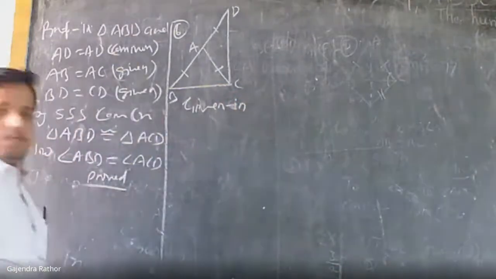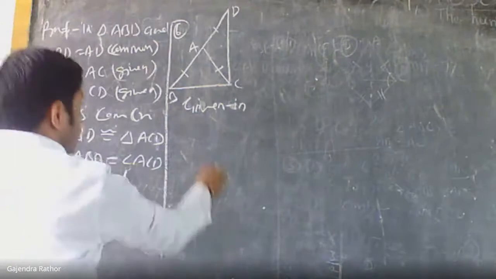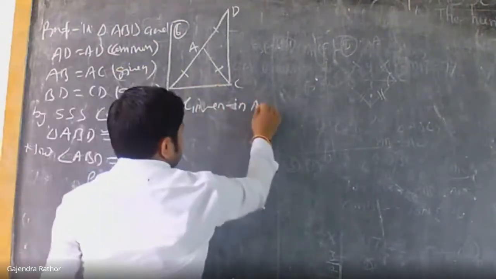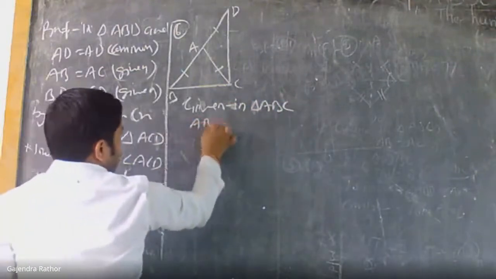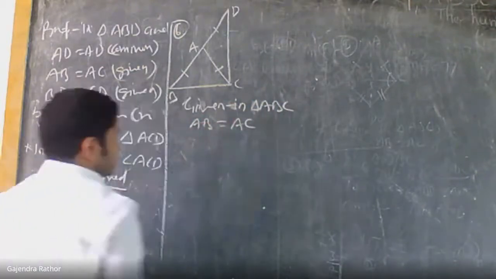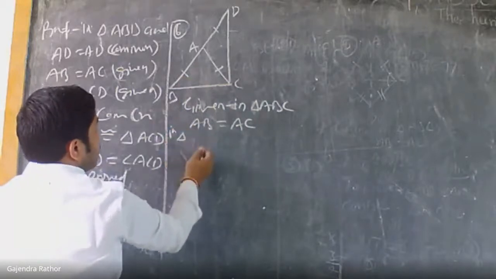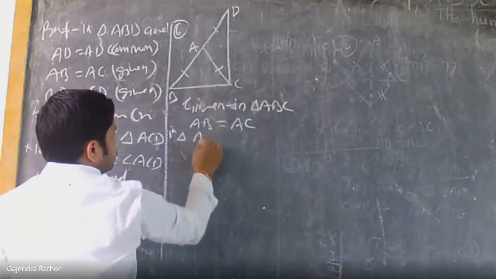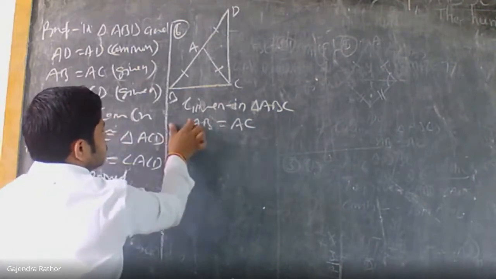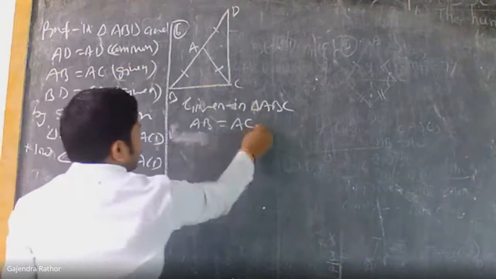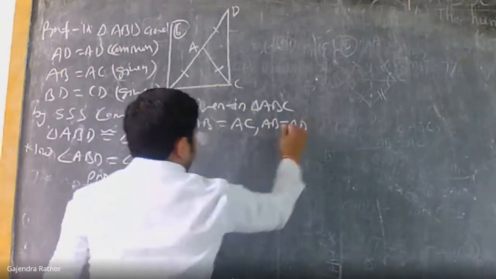In the first triangle ABC, AB is equal to AC, and in the second triangle ACD, AB is equal to AC and AB is equal to AD.